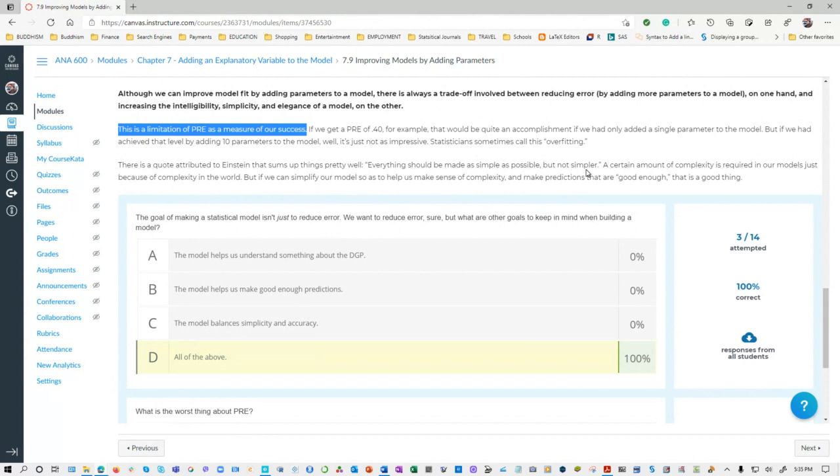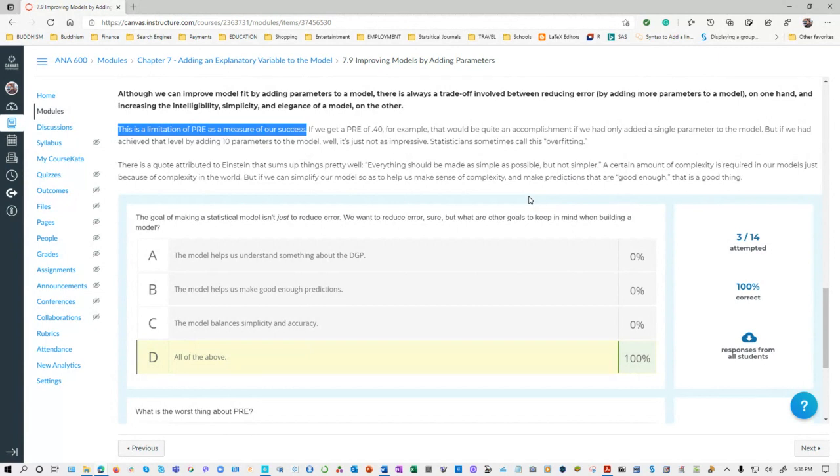You cannot go to the simplest version. Because of the complexity in the world, you really need some kind of complexity inside the model. But if we can simplify our models in such a way that we can understand the complexity and make predictions that are good enough, that's a good model.